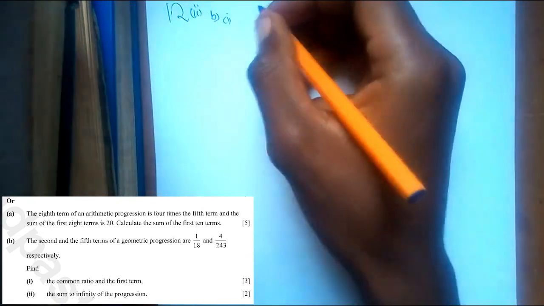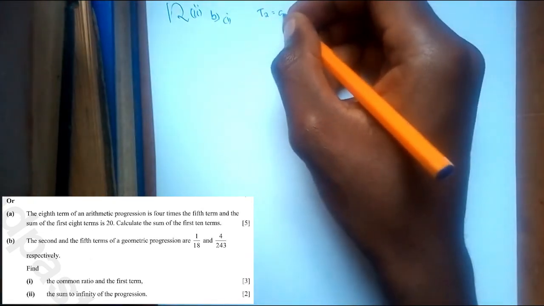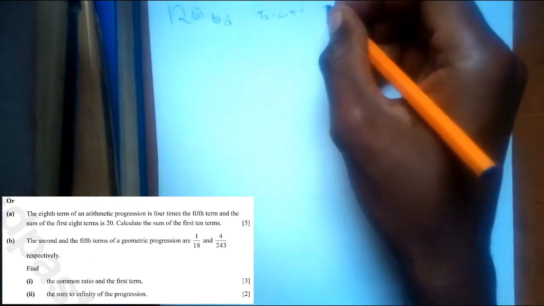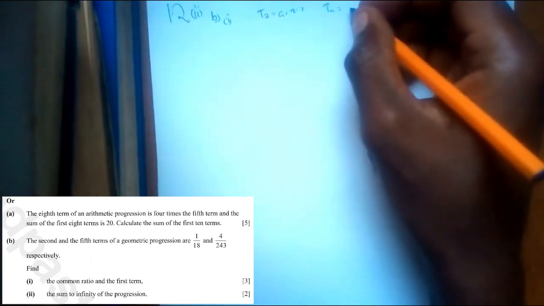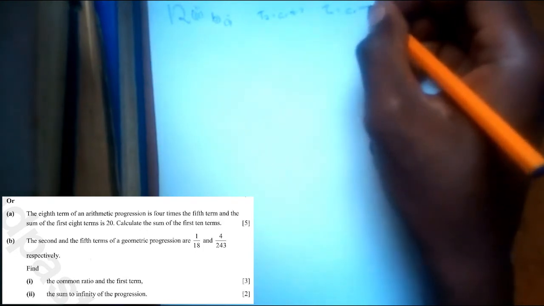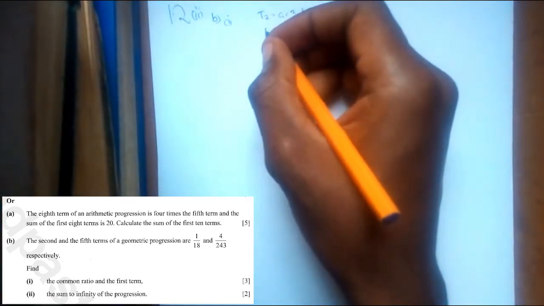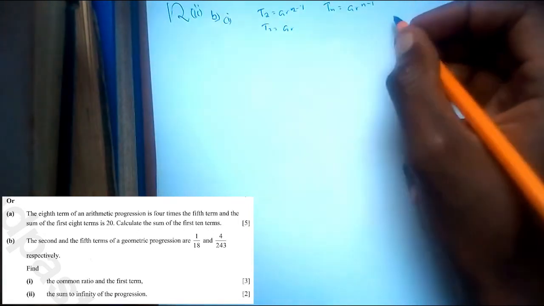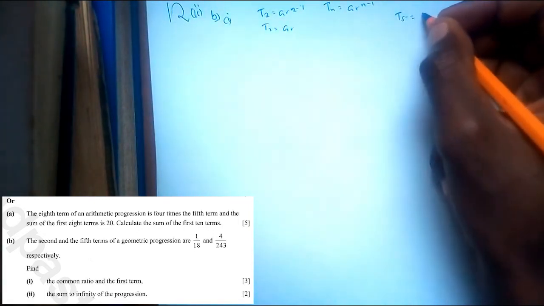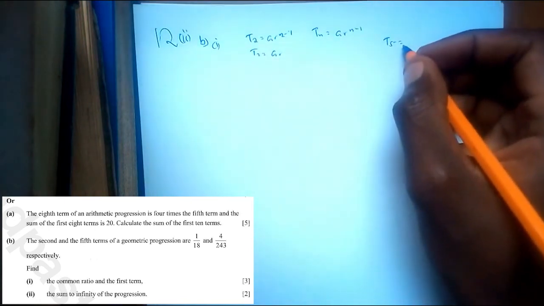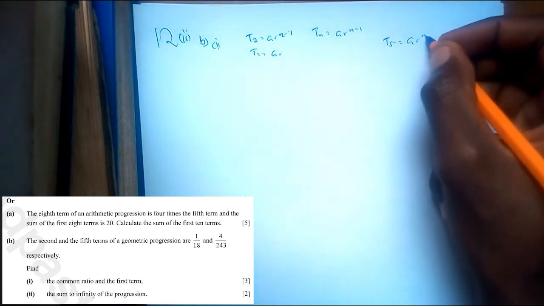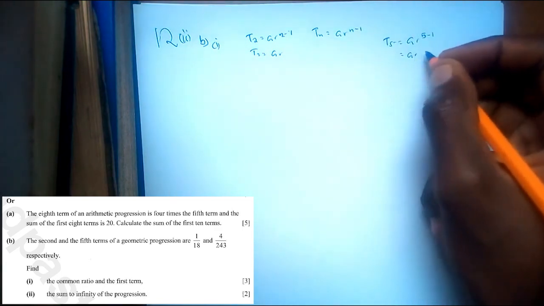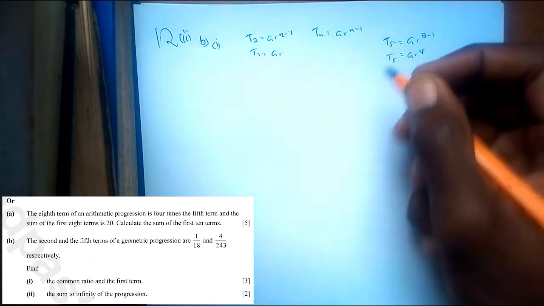So the second term, T2, is just ar^(n-1), or 2 minus 1, since the formula for the nth term of a geometric progression is ar^(n-1). So T2 is just equal to ar. Then T5 is just equal to ar^(5-1), which will be equal to ar^4.